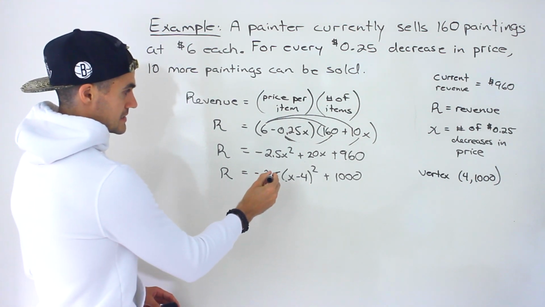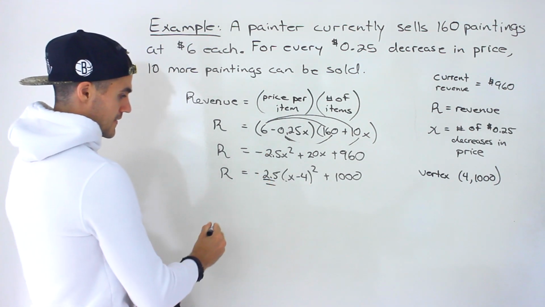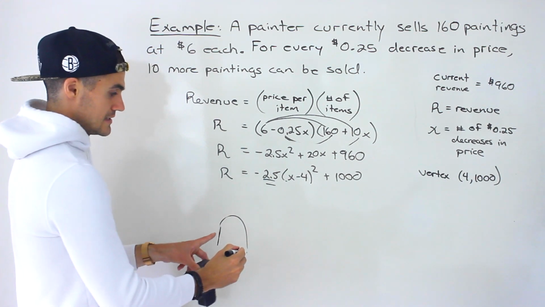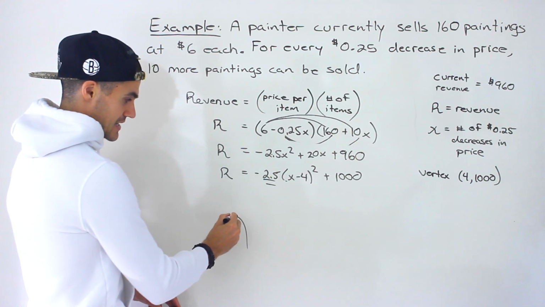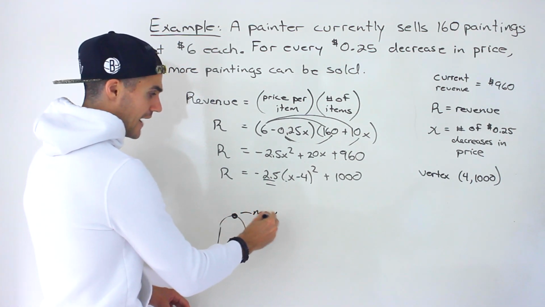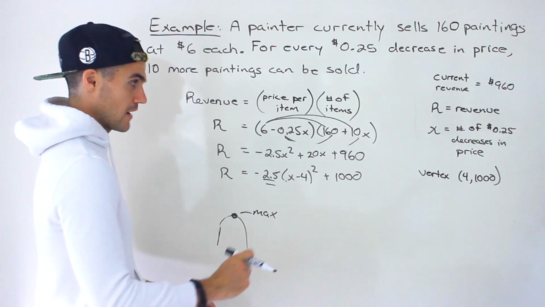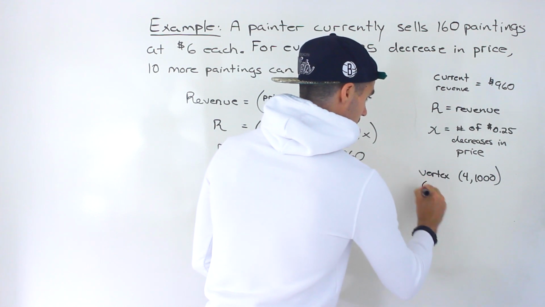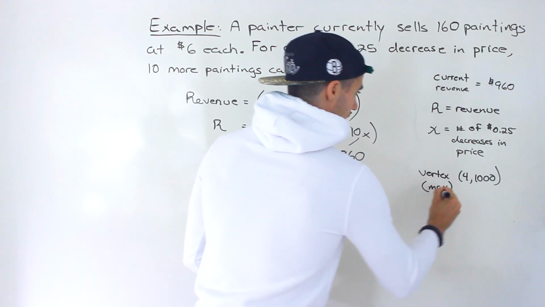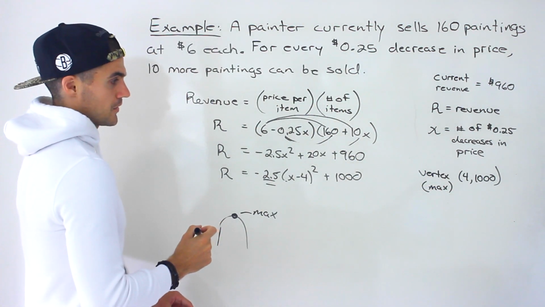And we know, because the a value is negative, that this quadratic is opening down. And so the vertex that we get, we know that it's a maximum point. And that makes sense because we're maximizing the revenue. So this vertex ends up being a max point.